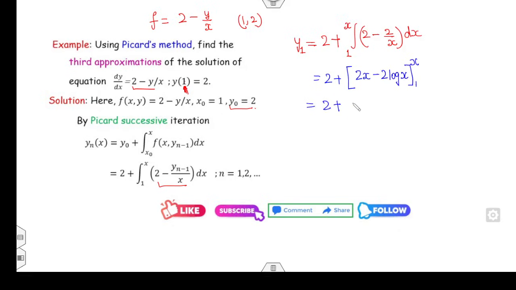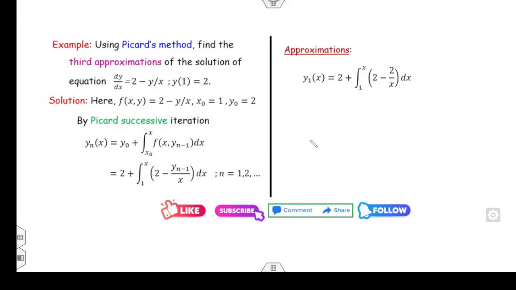So that will be 2 plus 2x minus twice log of x. If you substitute 1, it's minus of 2 plus 0. 2 and 2 will be cancelled. Answer is 2x minus 2 log x, which is your y1.